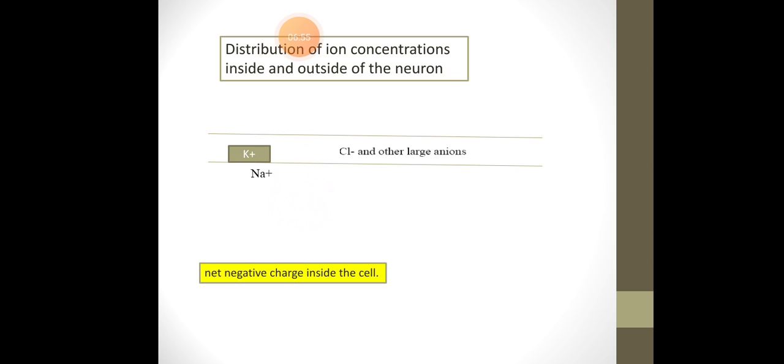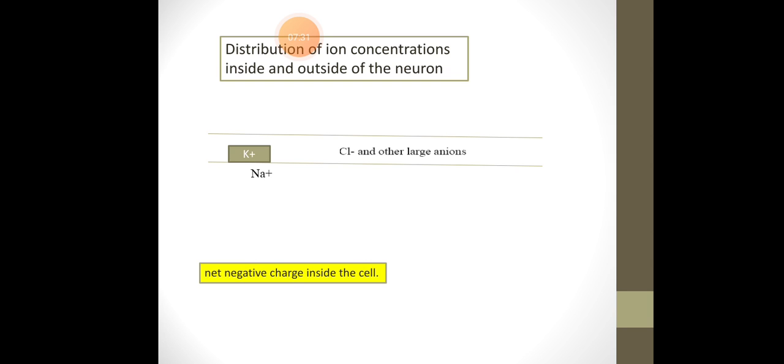So potassium concentration is higher inside the neuron, sodium ion concentration is higher outside the neuron, and chloride and other large ion concentration is higher inside the cell. As a result, a neuron has a negative charge inside the cell and a positive charge outside the cell. That's what we discussed so far.